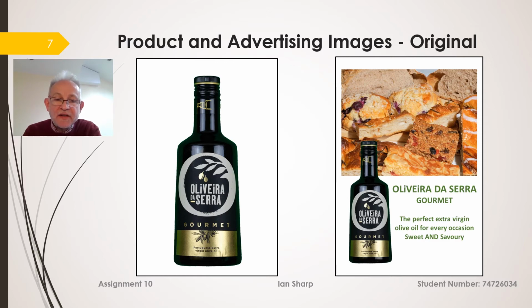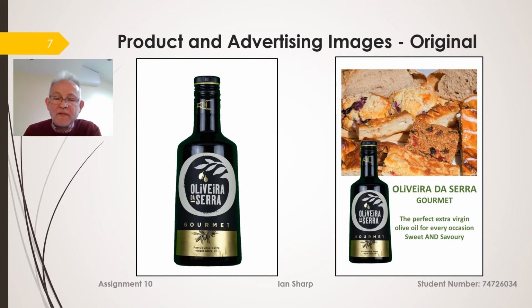The line of text, extra virgin olive oil, is only 1.5 millimeters in size on a bottle that's more than 20 meters high. So by taking this low camera angle at the same level as the branding, I make sure that text is as readable as possible. Also, the branding of Oliveira de Serra and Gourmet is also clear. Higher up the bottle you'll see the two reflections, which adds interest to the least interesting part of the bottle.